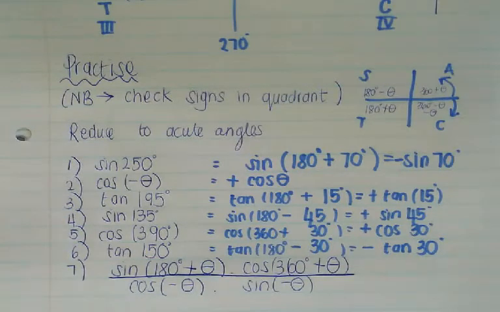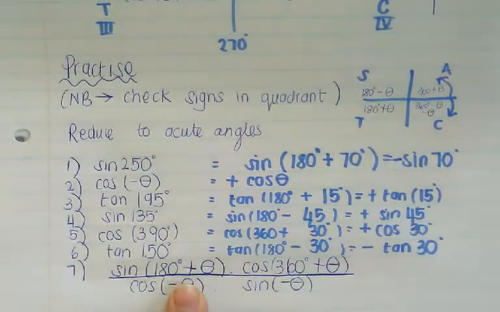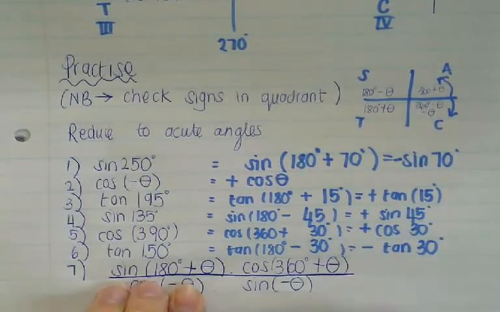Okay? Now what do I do? I deal with each one separately. That's it. And then I will deal with a bunch of things that may or may not cancel. If it can't cancel, then that's my final answer. Okay? So sine 180 plus theta is my 3rd quadrant. Sine is positive or negative?